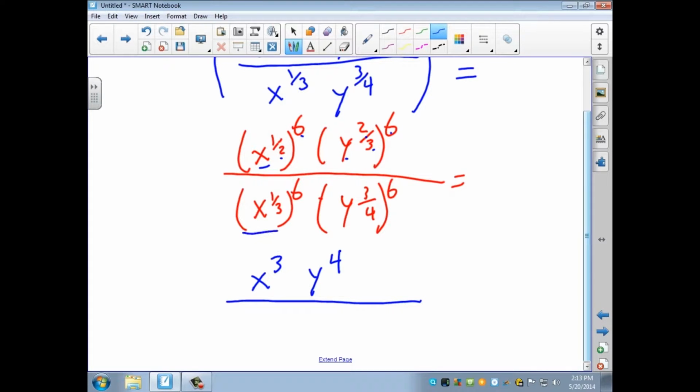In the denominator, I have x to the 1/3 to the 6th, so 1/3 times 6 is 6/3, which is 2. And y to the 3/4 times 6, 3/4 times 6 is 18/4, which is 9/2. So it would be y to the 9/2.